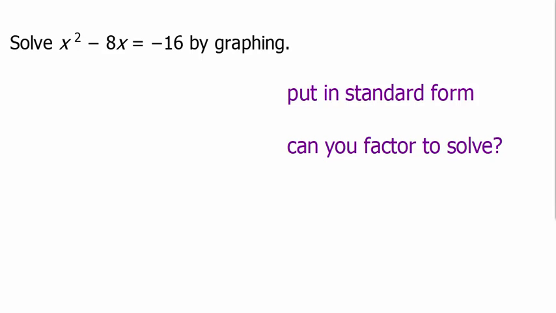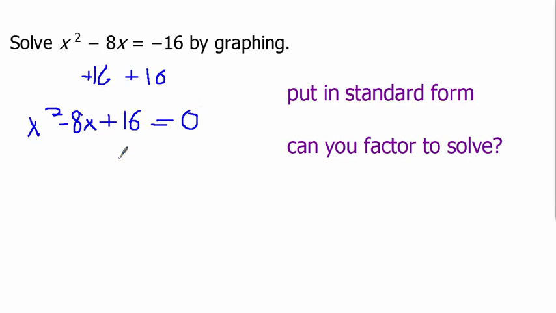If we take a look at these, we always want to try to put them in standard form, which means I know I'm going to add 16 to both sides. And I get x squared minus 8x plus 16. I always try to figure out, can I factor it?